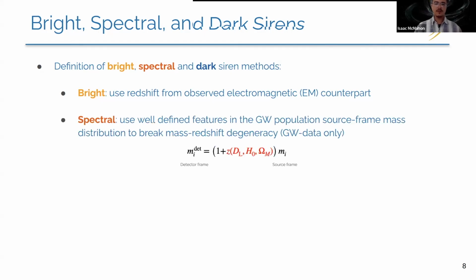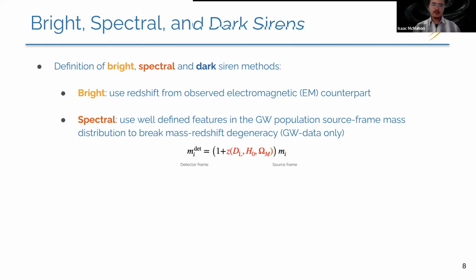The second method that we use is called spectral sirens. This relies on the mass distribution of gravitational wave sources. There are features in the mass distribution of gravitational wave component masses, and there's actually a relation between what you see in the detector frame on Earth, what you actually observe, and what the masses really are in the source frame, where they come from.